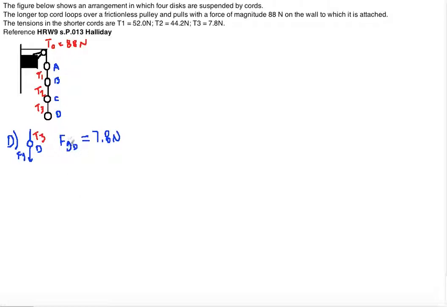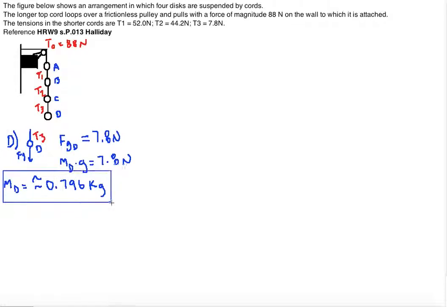Additionally, we can write that the mass of D times gravity is equal to 7.8 newtons. Solving for the mass of D, we get about 0.796 kilograms. And there we have it, the mass of D.